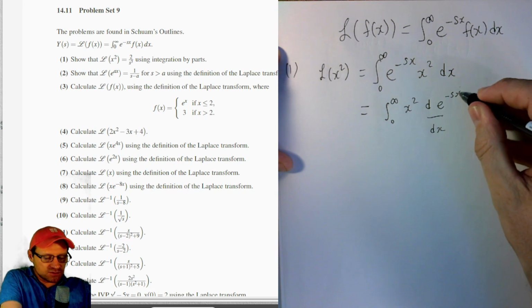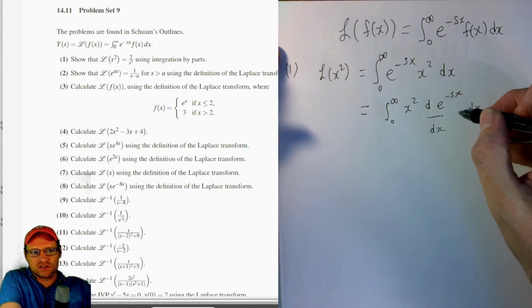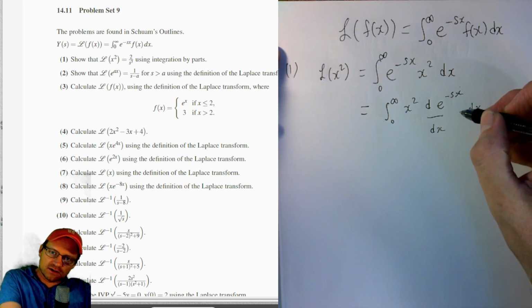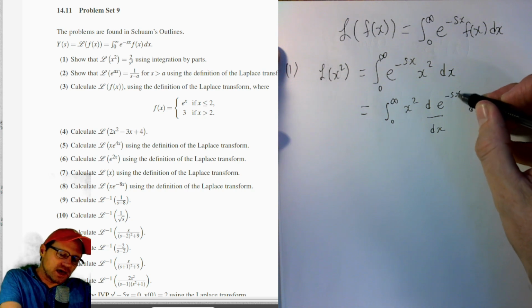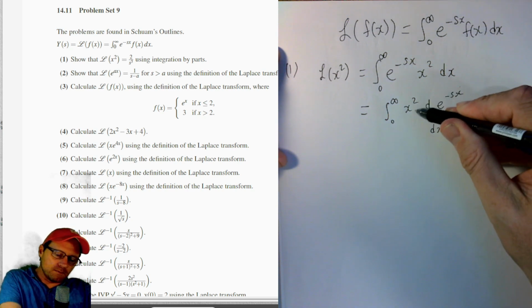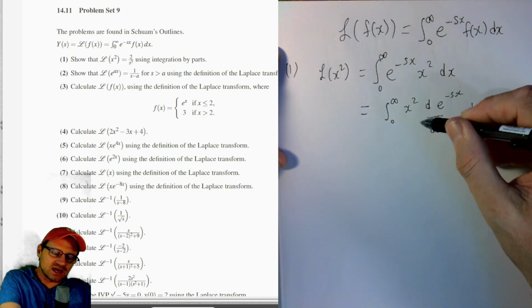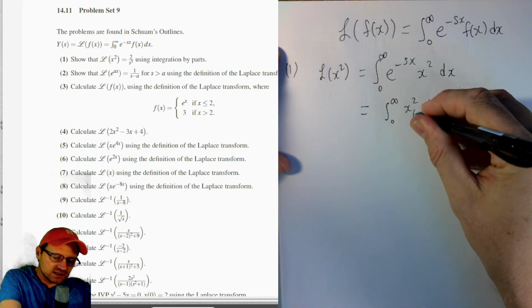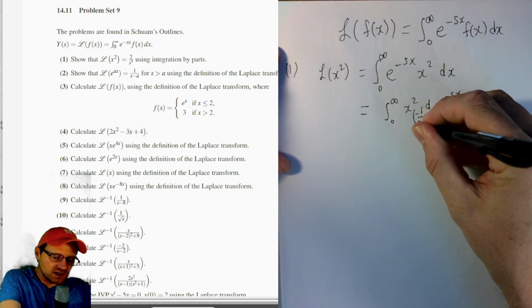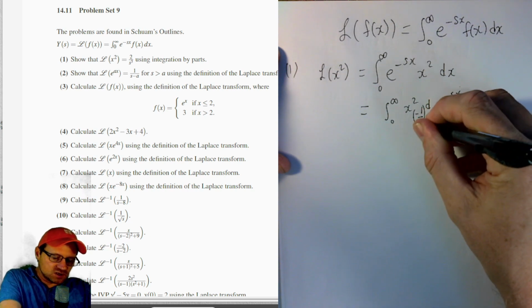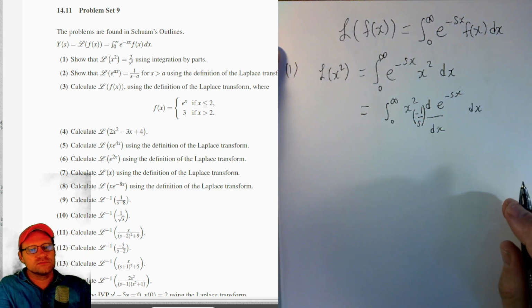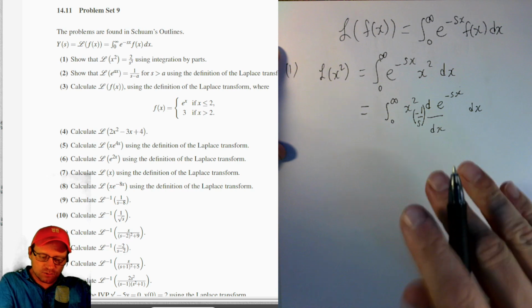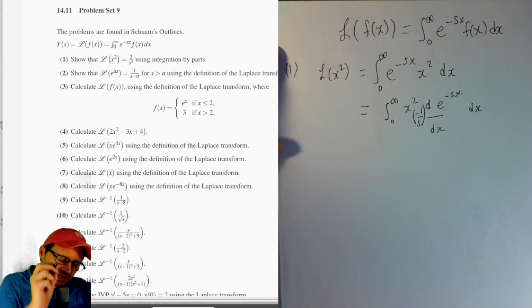Let's make that true. Now, if we were to actually differentiate this, using the chain rule, we would bring down an extra minus s, which we want to cancel. So we need to insert here minus 1 on s to make this true. Okay, so now that we have a true statement, let's keep going.